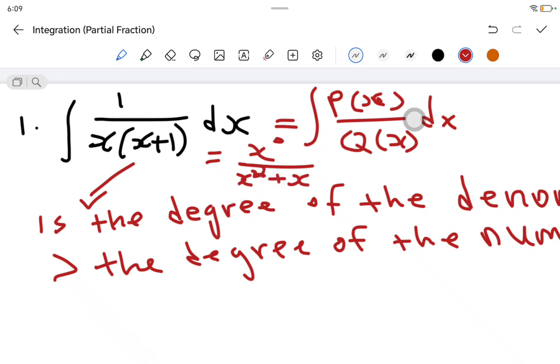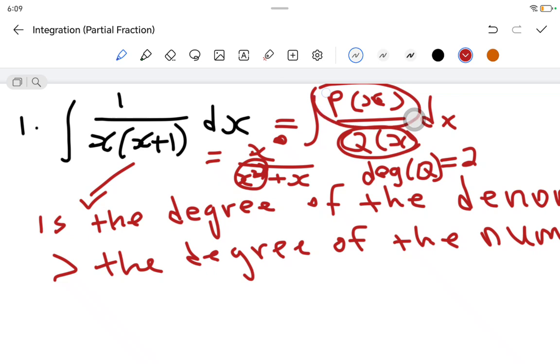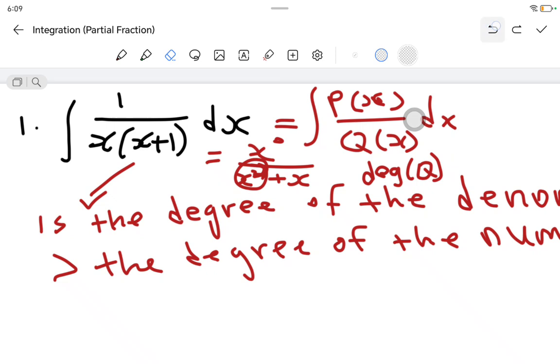So the highest degree of the denominator is 2. If I say deg of q, that will be 2, and deg of p will be 0. There's degree 0 there. So since the degree of the denominator is greater than the degree of the numerator, we are allowed to decompose. So this is what we must keep in our mind. You see, right? We'll be allowed to decompose.